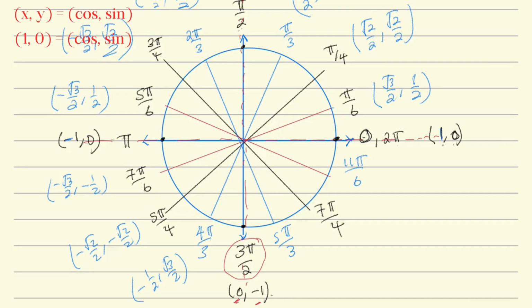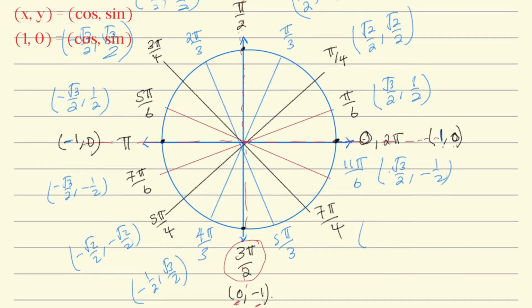In the same way, if you're in the fourth quadrant, the x coordinate remains positive while the y coordinate is negative. So root 3 over 2, half becomes root 3 over 2, negative half. And these other coordinates, you only retain a negative symbol in the y coordinate.